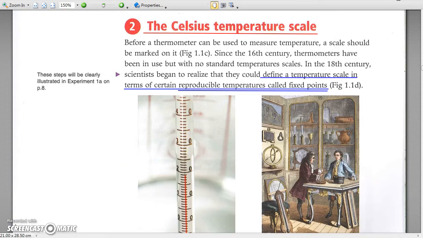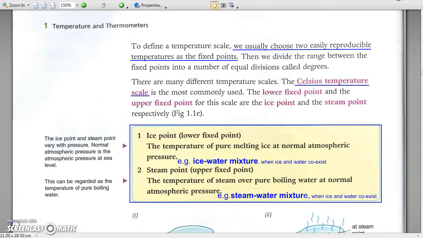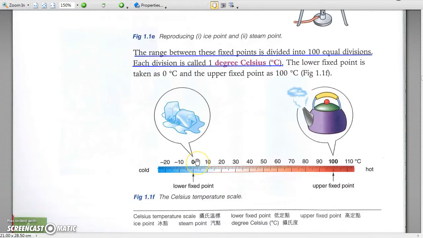2. The Celsius temperature scale. Celsius scale has 2 fixed points, the ice point and boiling point of water, defined as 0 degrees Celsius and 100 degrees Celsius.